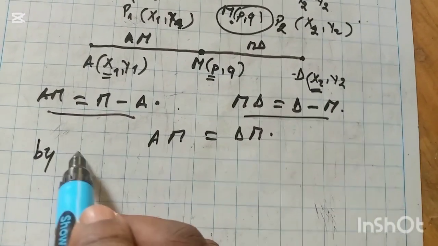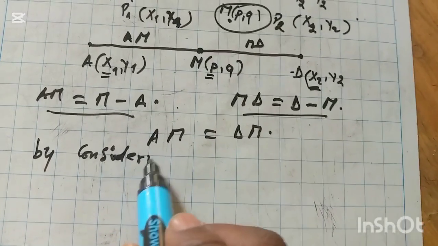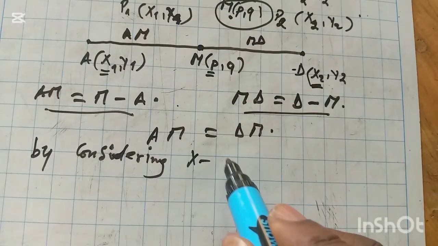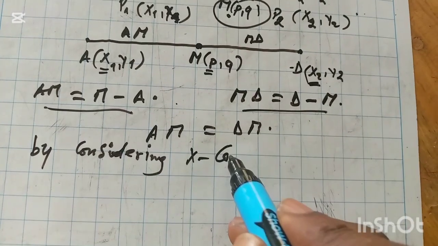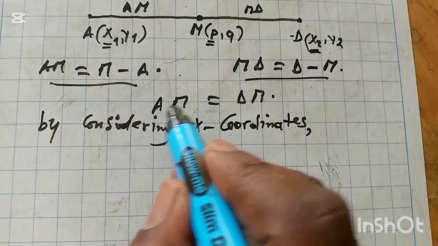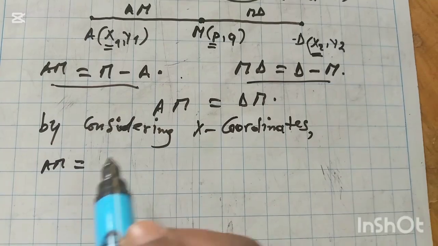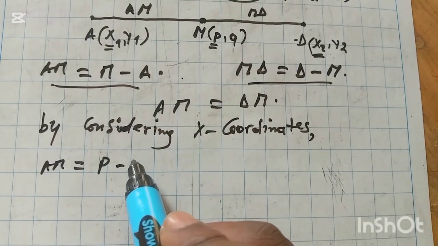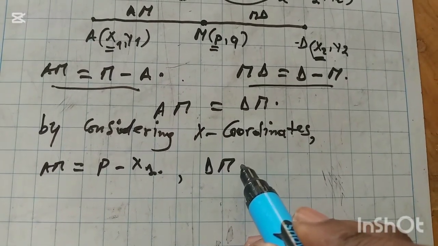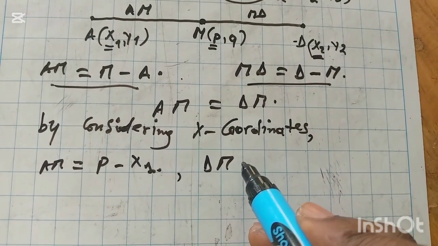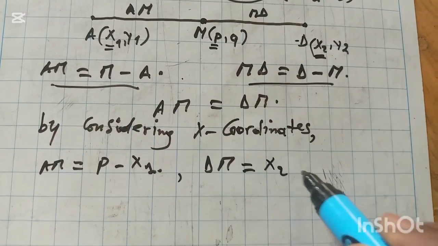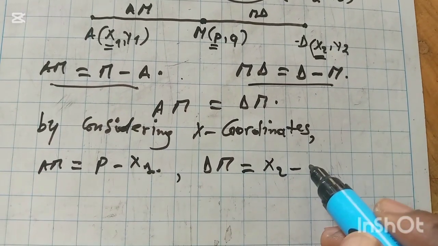By considering x coordinates, AM will be like P minus x1, and DM will be here like x2 minus P, right?